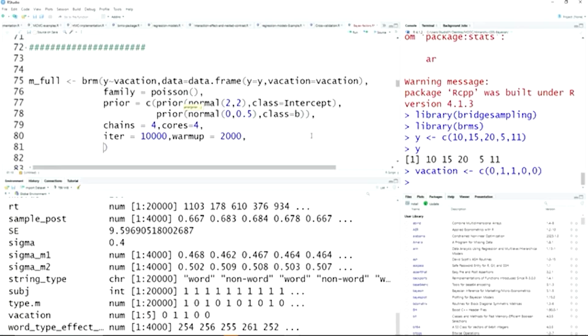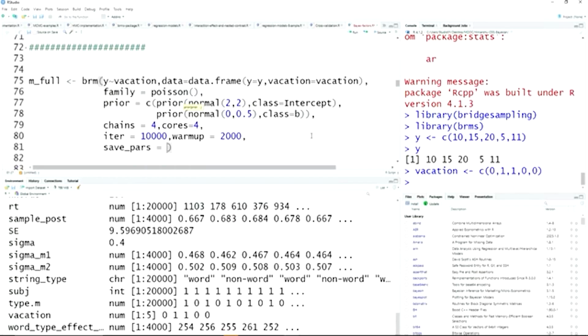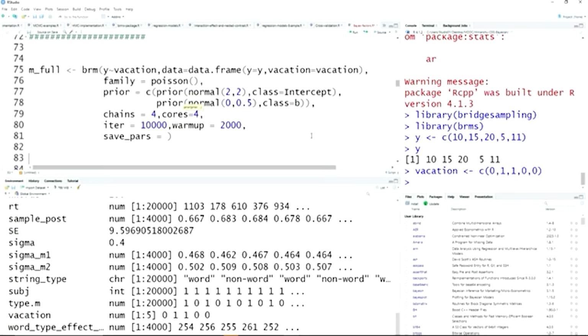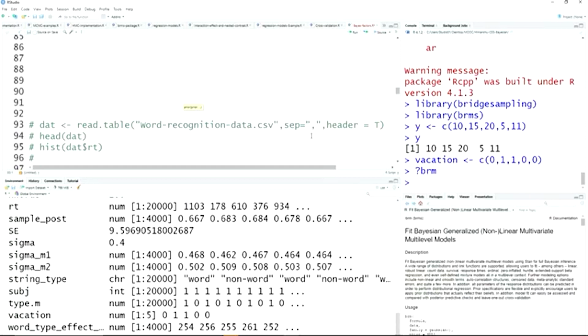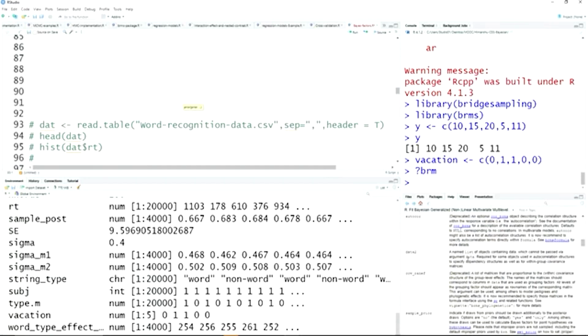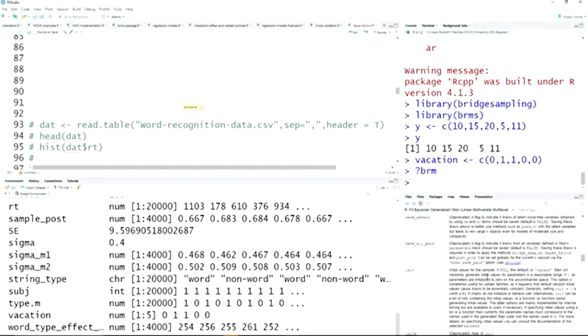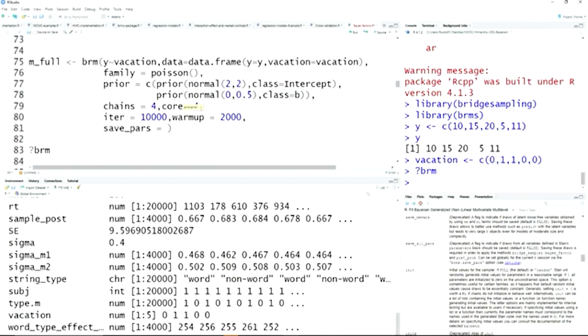Now one more thing I need to do is save all parameters: save_pars equals true.